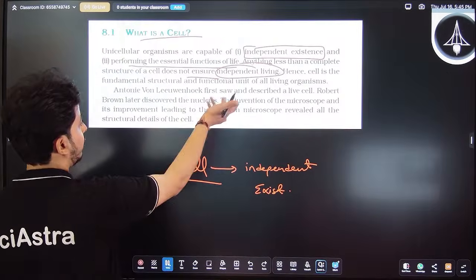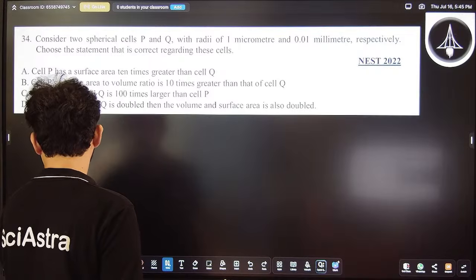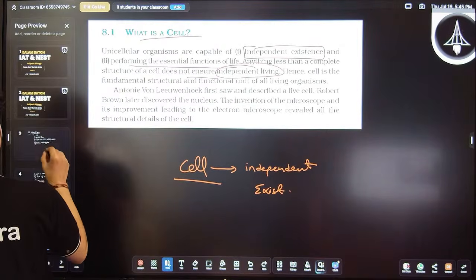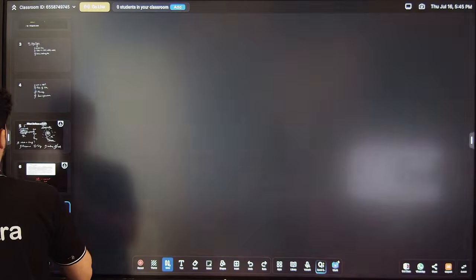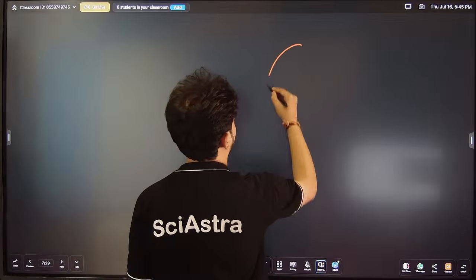Now we talk about a few scientists. But before starting that, we can talk about one thing. You remember I talked about that compartment, right?